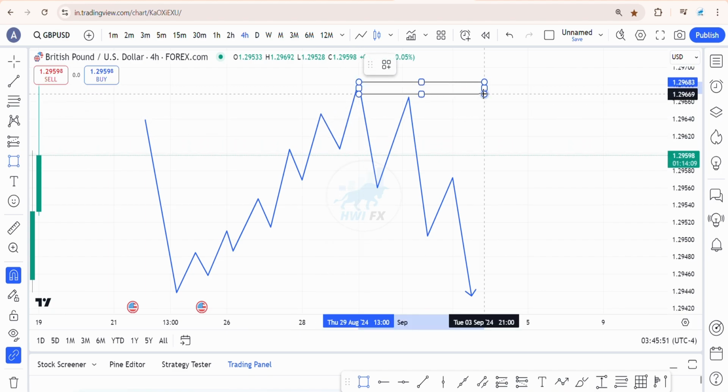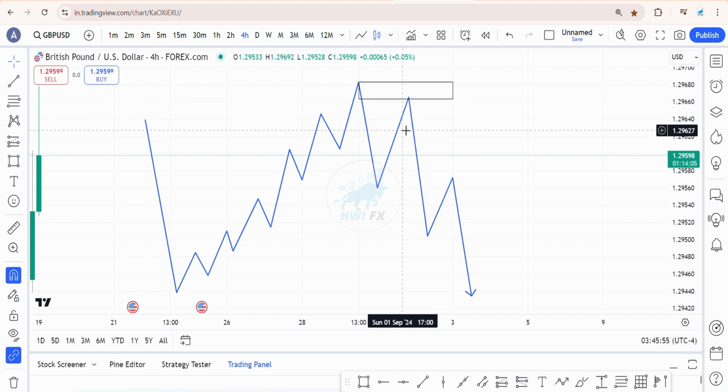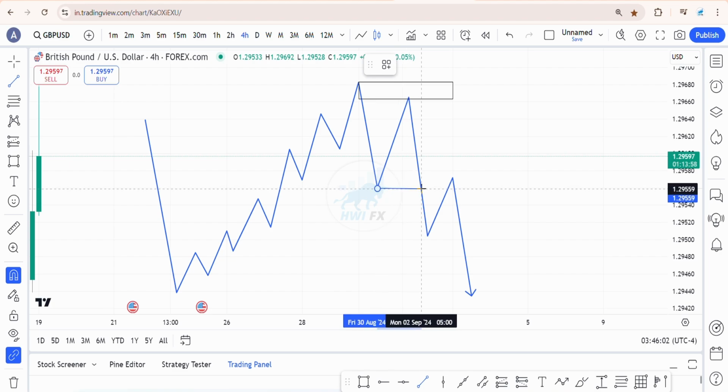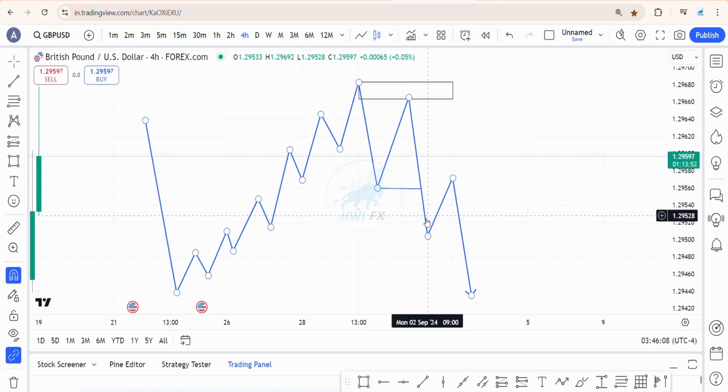So there was an order block, the market tapped into it and then retraced to the downside, and then this was either a break of structure to the downside, or a change in the delivery of price.